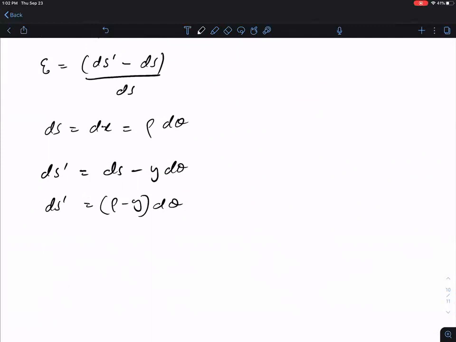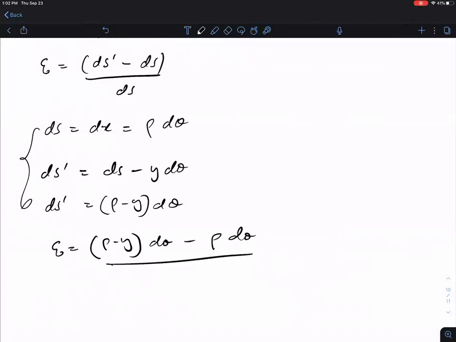So now if we substitute expressions for ds prime and ds into the equation for strain, we get that the strain is equal to rho minus y d theta minus rho d theta divided by rho d theta. Right, so we're basically substituting these equations into the strain equation above.